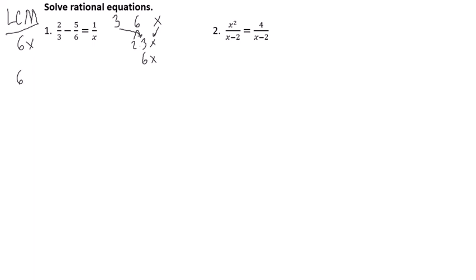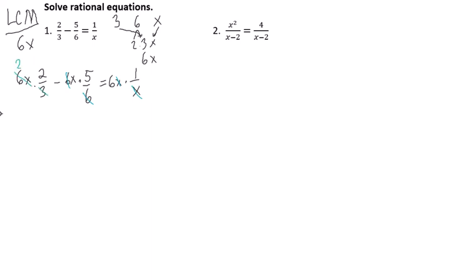So I'm going to do 6x times 2/3 minus 6x times 5/6 equals 6x times 1 over x. And we can cancel as we go by. 6 cancels 6, x cancels x. 6 and 3, 6 divided by 3 is 2.